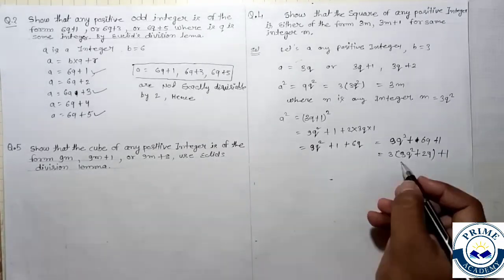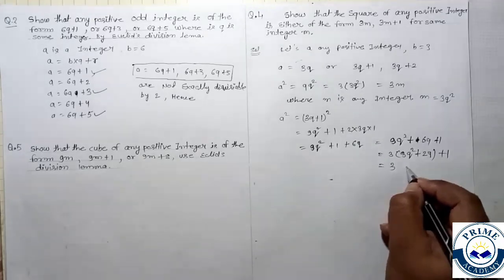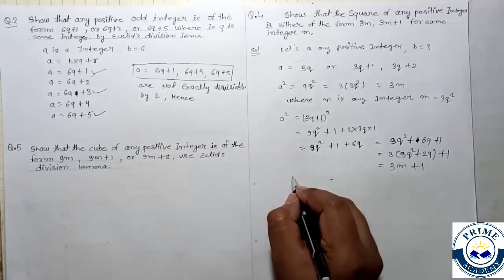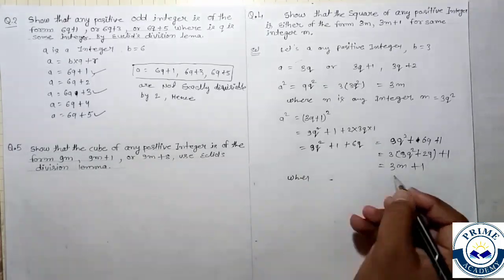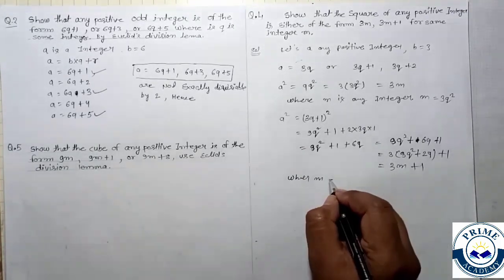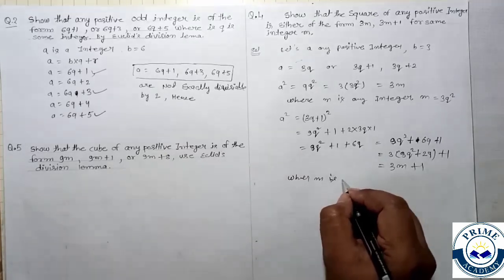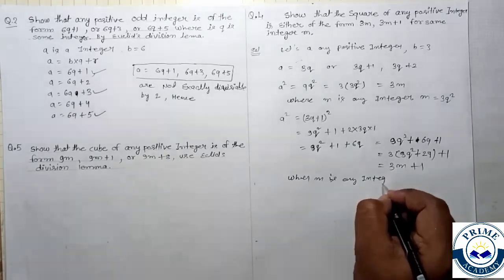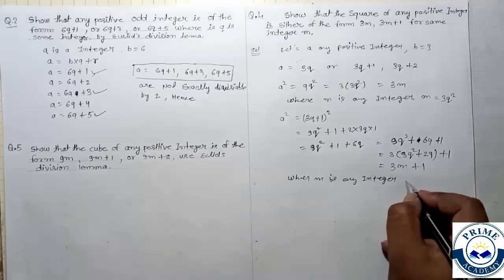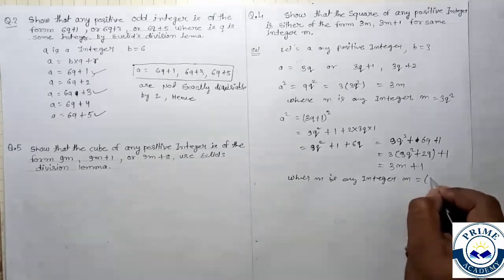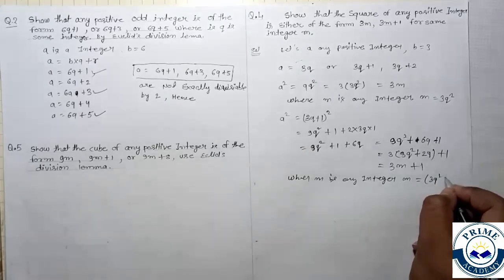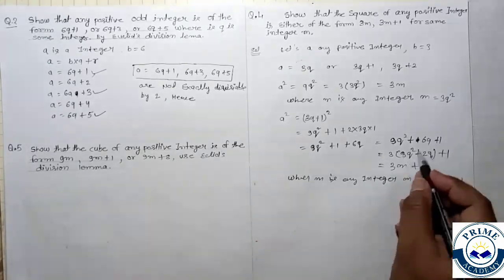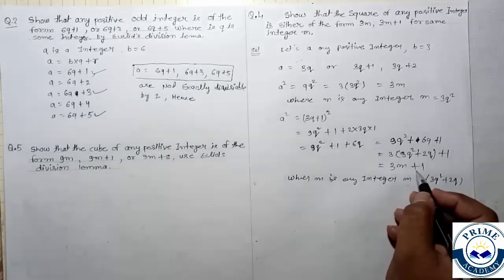So this also I can write as 3 into m plus 1, where m is an integer, m equals 3q square plus 2q, as I have written over here. I suppose this whole thing is m, that's why 3m plus 1.